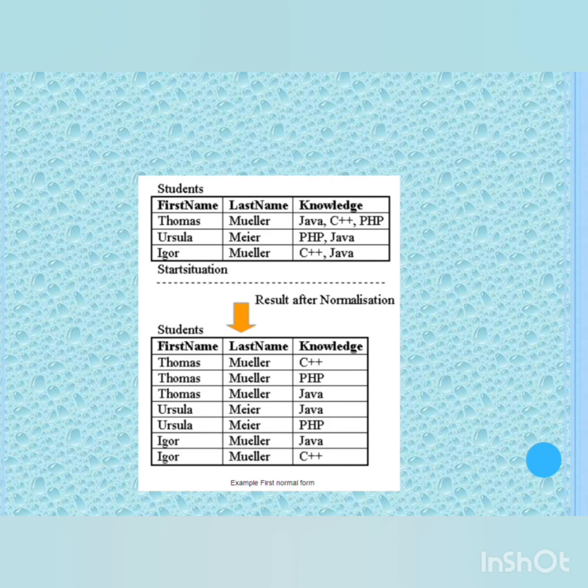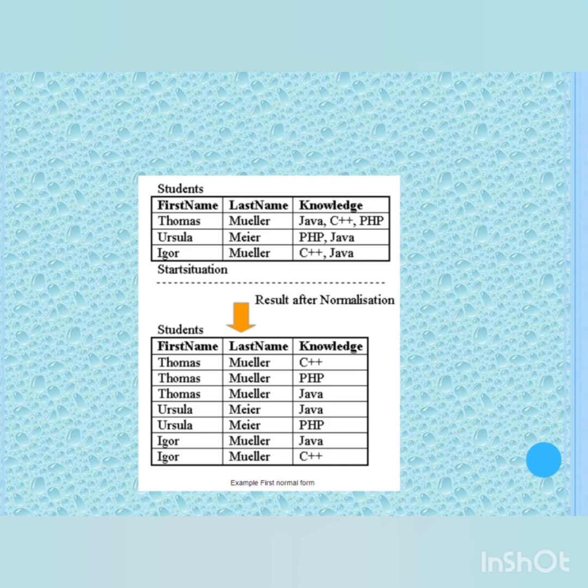So, for instance, we say Java, C++ and PHP for one particular student, and PHP and Java for another student, and C++, Java. So here we have given data that is comma separated values in a single tuple. So this should not be there. So this particular relational table does not satisfy what is called first normal form.